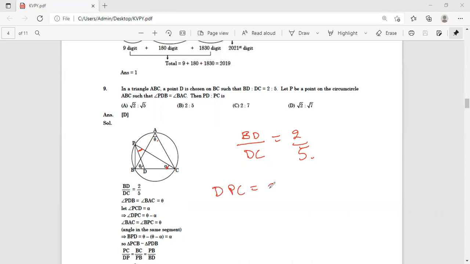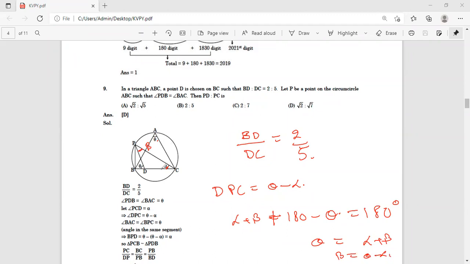DPC is theta minus alpha, right? Suppose this is beta. Then alpha plus beta is 180 minus theta. Alpha plus theta plus 180 minus theta is 180. So you know theta is alpha plus beta, right? So beta is theta minus alpha. So this angle beta is theta minus alpha.